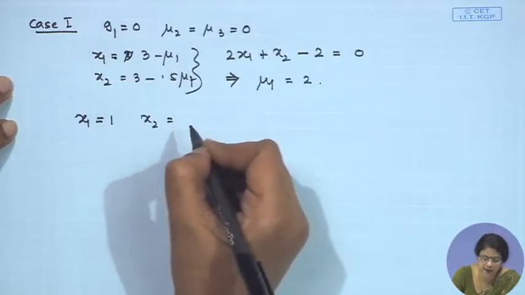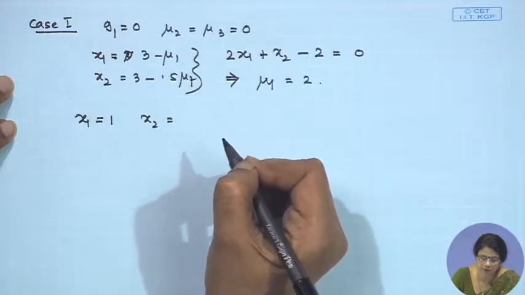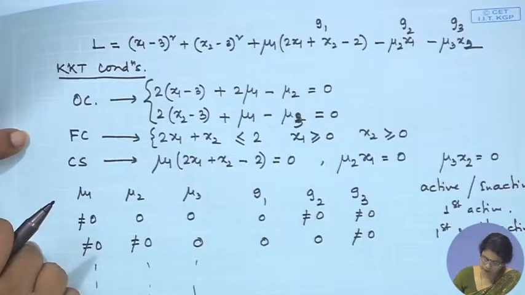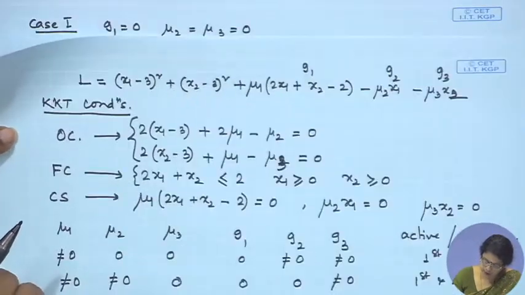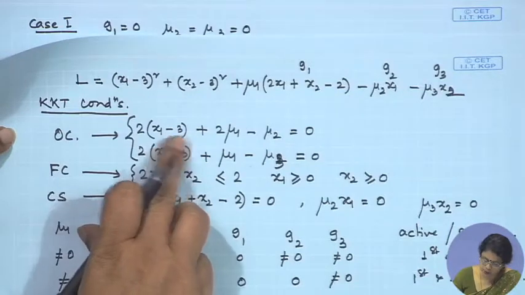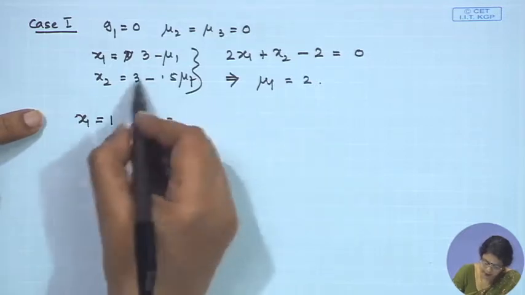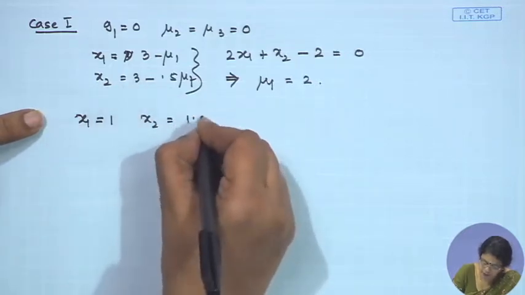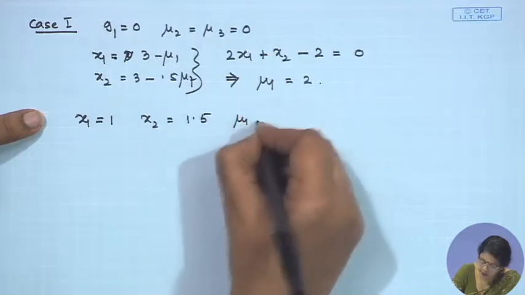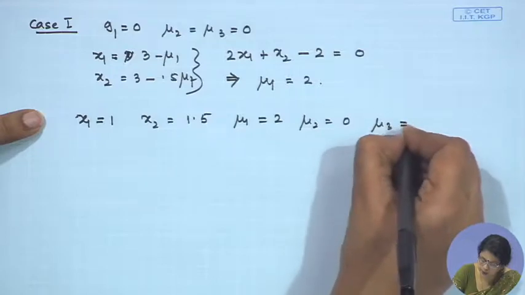is that x1 is equal to 1, mu2 is equal to 0, then 2 will cancel, then x1 must be equal to 3 minus mu1, certainly x1 is equal to 1, x2 would be equal to 1.5, mu1 is equal to 2, mu2 is equal to 0, mu3 is equal to 0.